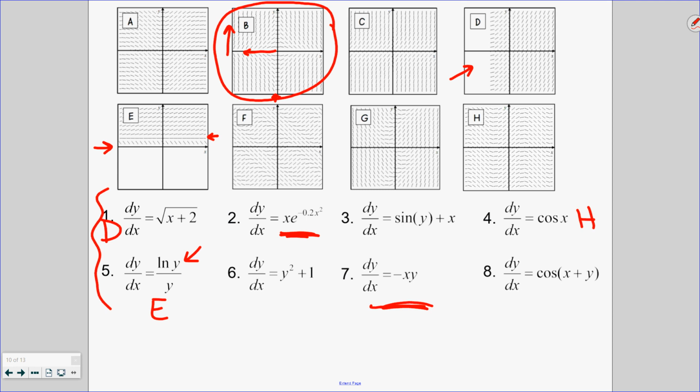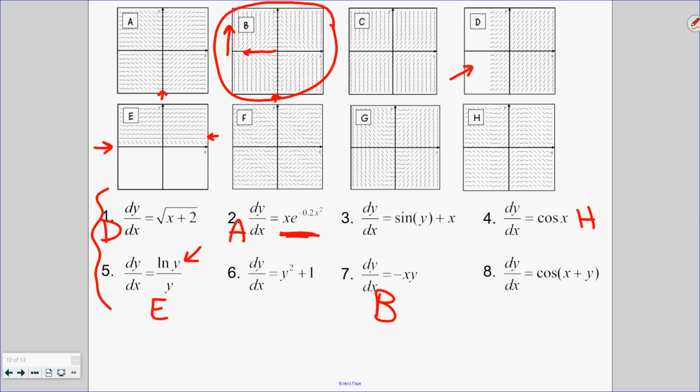Well, that makes sense for number 7, because that is what would happen as x gets more negative. Say you have negative -5 times a y value like 4, you're definitely going to get a really, really steep line. So I think that number 7 is going to fit B, which means that number 2 must be A, because again, you have 0 slopes here.